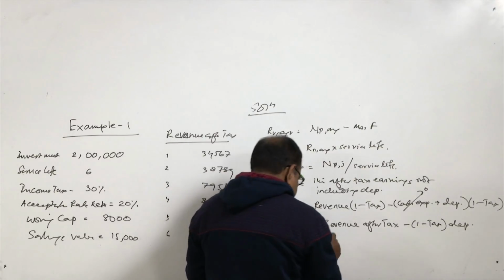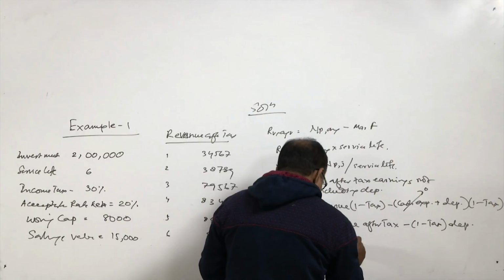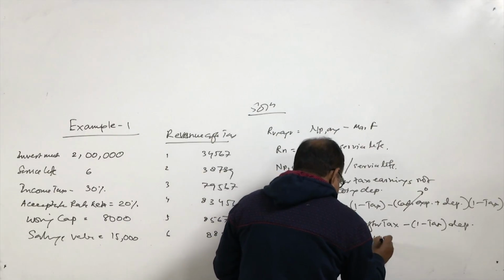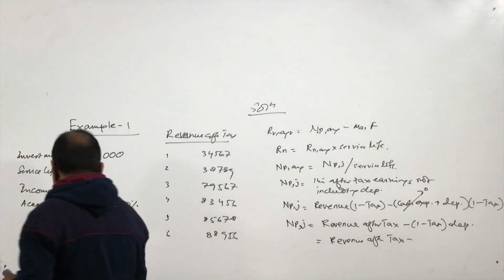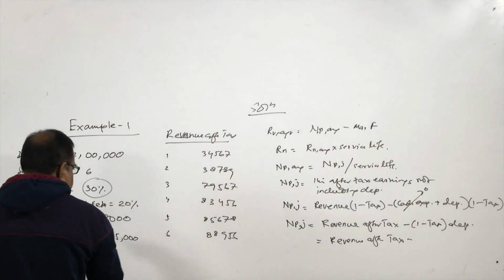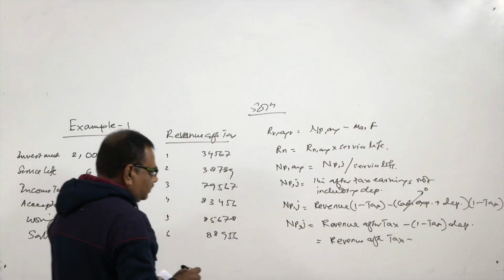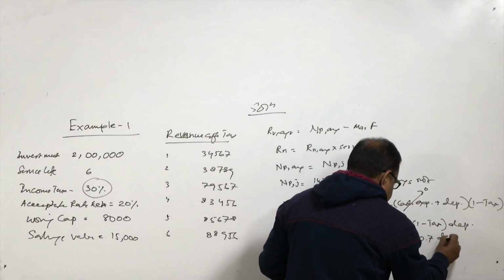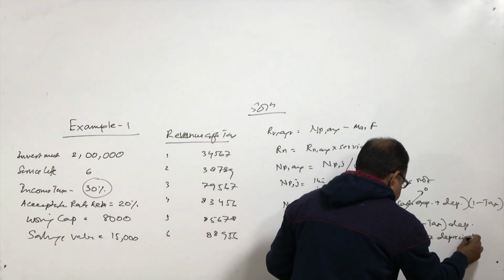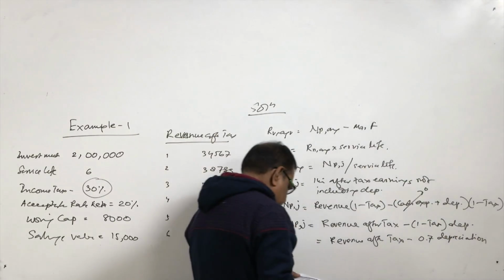So this is revenue after tax. Now the tax percent is 30, so 1 minus 30 percent is 0.7. So this is 0.7 depreciation. So this is my formula.